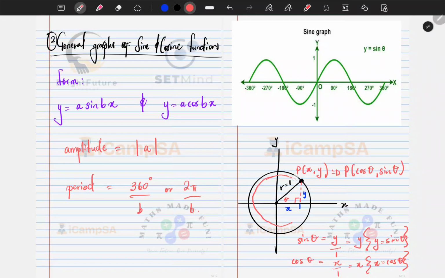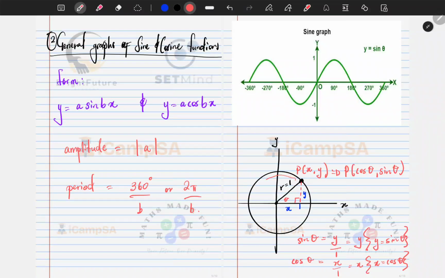If we were to travel here, the point will still be sine theta, cos theta. Obviously the signs would change because of the quadrants, but the maximum amount of degrees we would reach is 360.